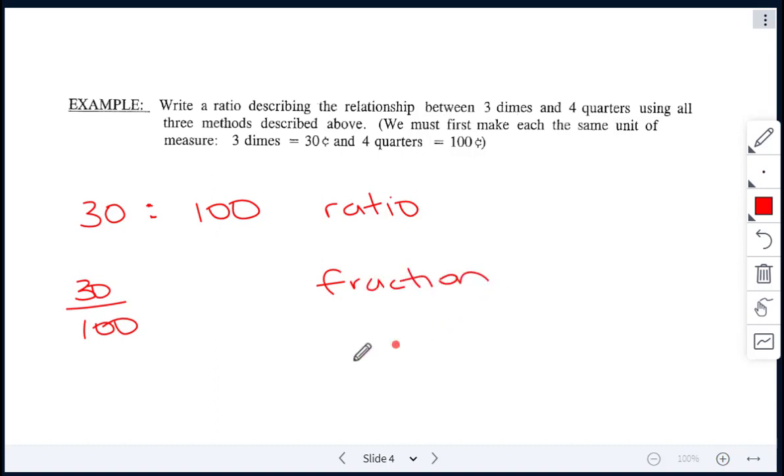And we could also do the ordered pair notation, right? So we could go (30, 100). All right, that would be our ordered pair notation. All right, and keep in mind here that we can reduce. We'll leave it as is for this example, but keep in mind that we are able to reduce.